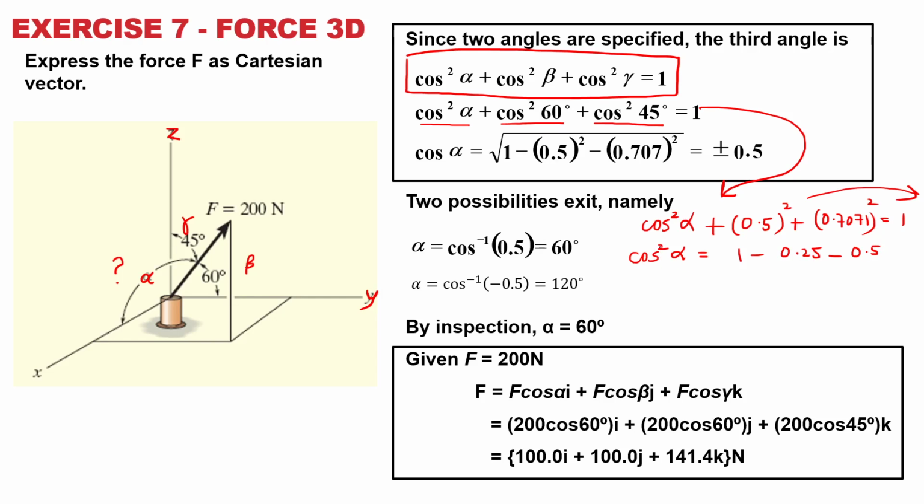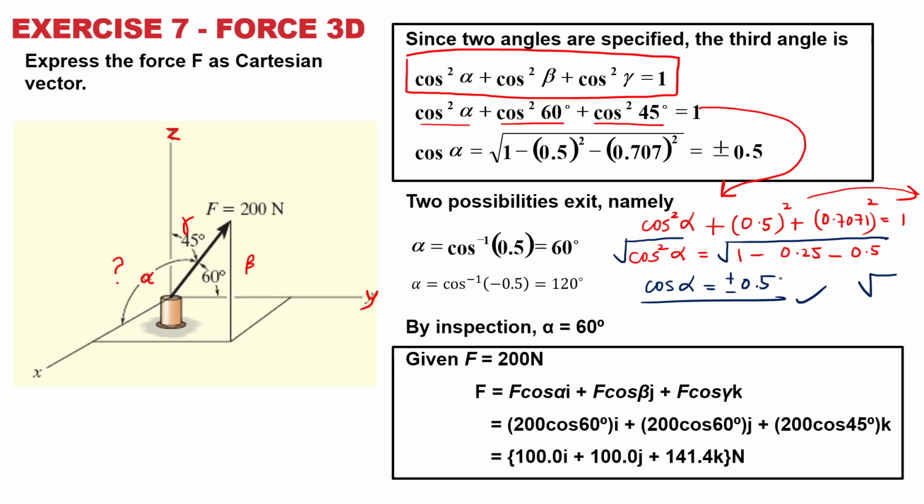So in order to solve this squared, you have to square root, and not only square root, you have to square root on both sides. So this square is gone and you're going to see cos alpha. And this value, since it's a square root, you're going to get a plus and minus 0.5. Why? Since it's a square root, it can be a positive value, it can be a negative value.